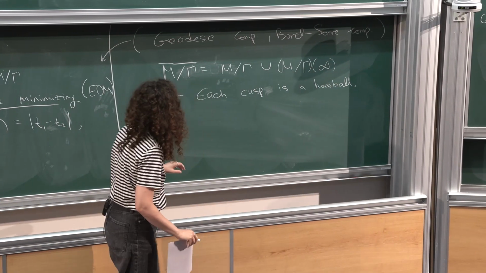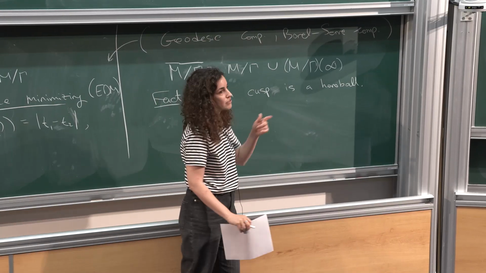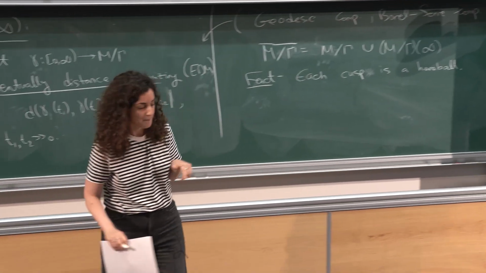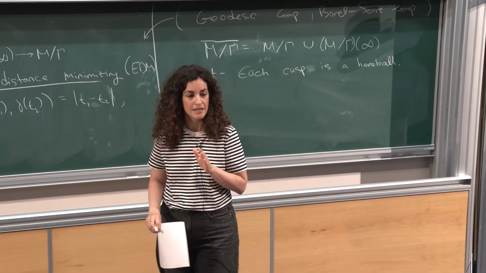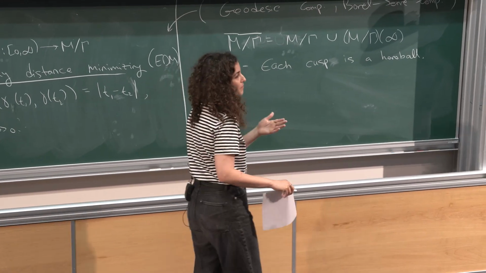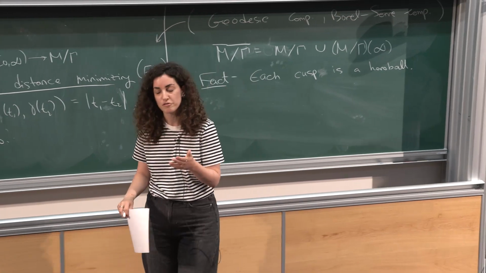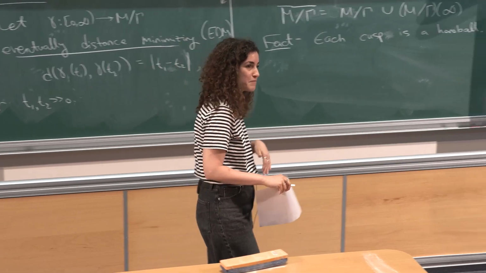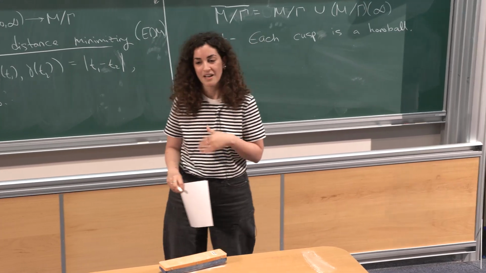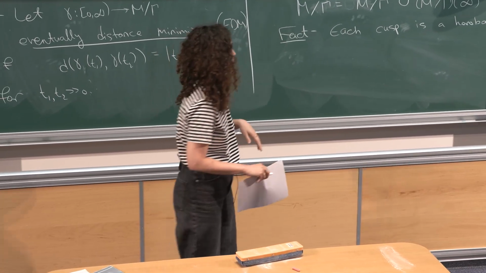This comes from the fact that each of these geodesics is stabilized by some Q-parabolic group. It contains some minimal Q-parabolic group, and you look at the unipotent radical of this minimal Q-parabolic group, and it stabilizes the orbit.